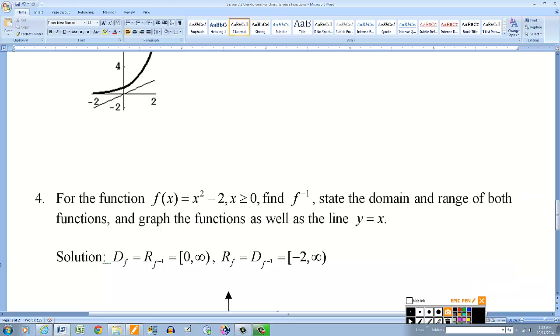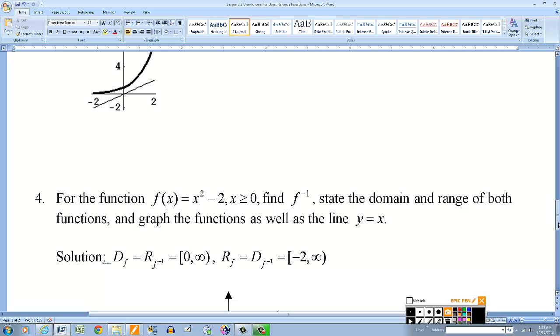Now, for the next one, we have the function f of x is equal to x squared minus 2. Okay, so this is a parabola with vertex at (0, -2), and because it says x greater than or equal to 0, basically they're giving you the domain. That's your domain.